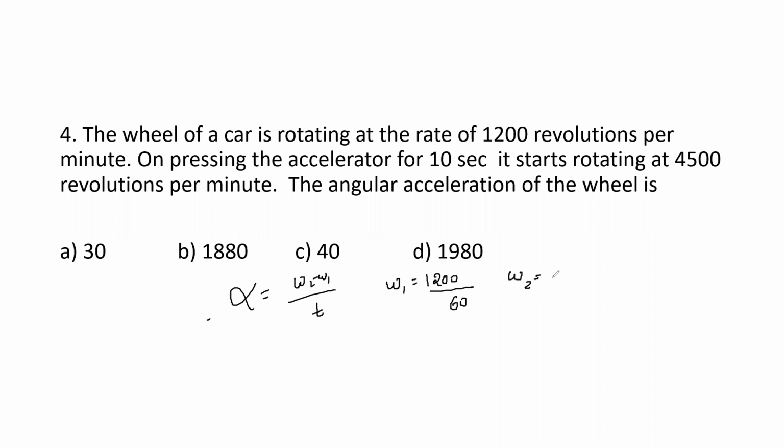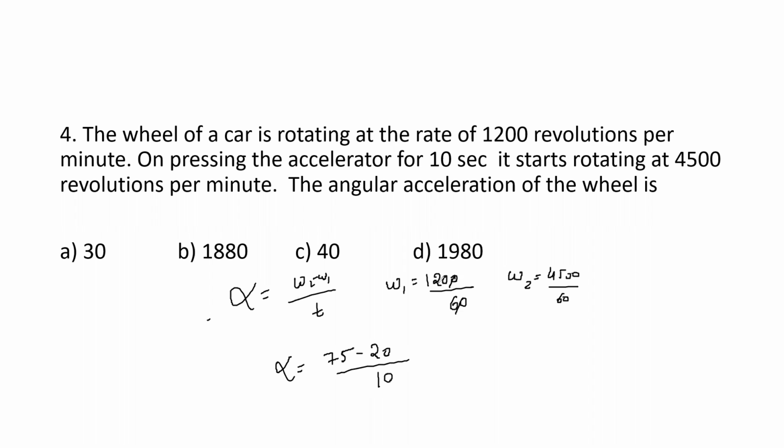And omega 2 is 4500 revolution per minute, therefore it is 4500 divided by 60. Now substitute the values. Alpha is equal to 75 minus 20 divided by 10, because they have given 10 seconds.